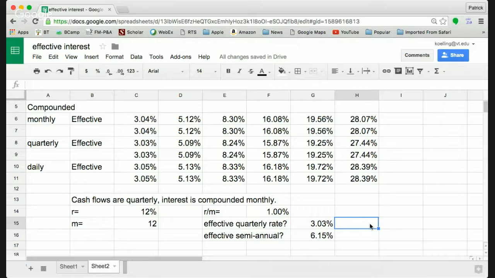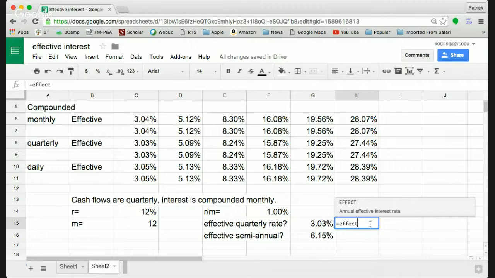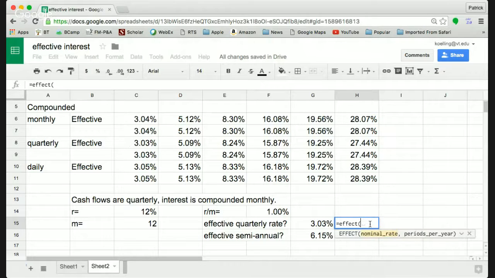If I want an effective quarterly rate, here's another way to do it. This is really generally not the way I do it, but we could do this. The first argument is a nominal rate. I would adjust my nominal rate here, and I would put here the nominal quarterly rate. So here, this first argument, I'm going to put the nominal annual rate, and I'm going to divide it by 4.